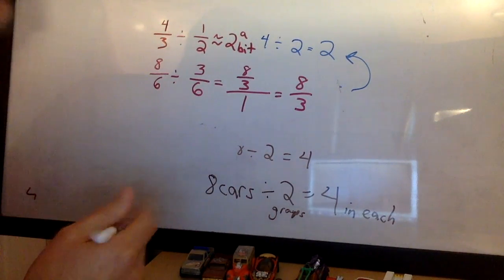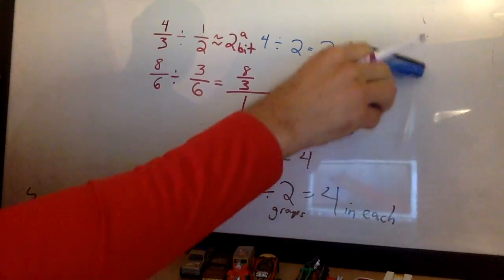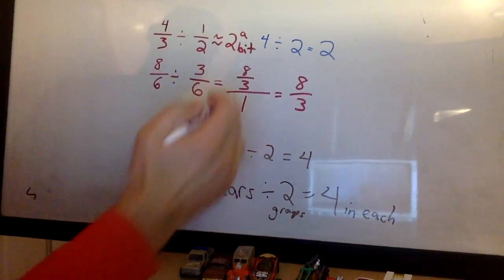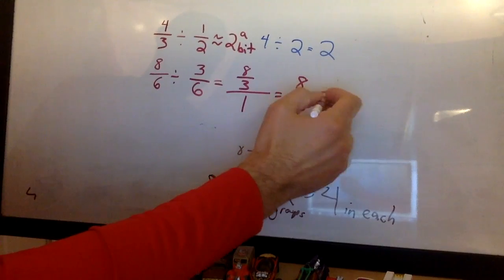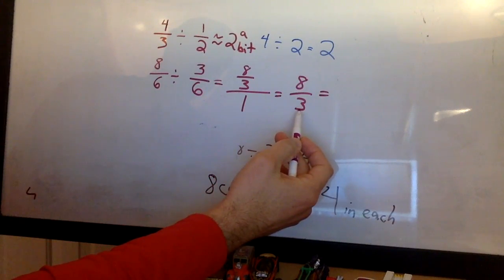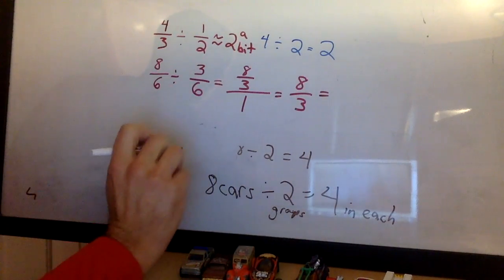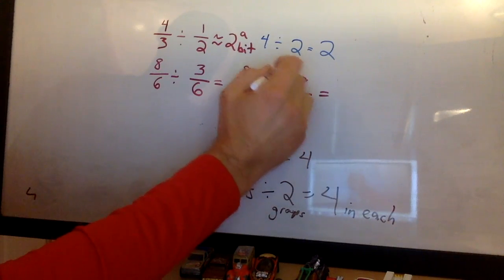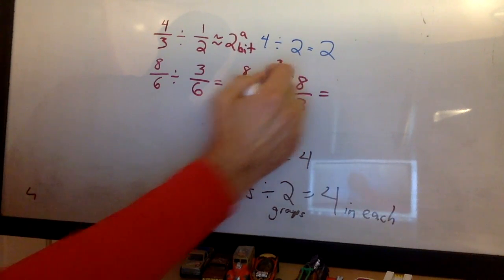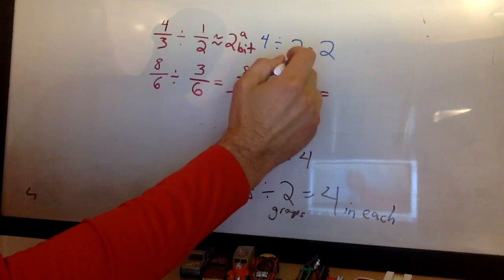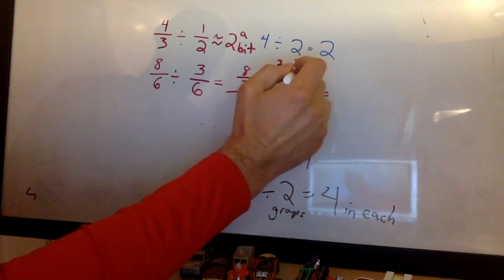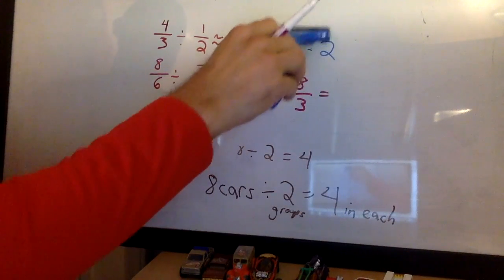Well, what is 8 thirds written as a mixed number? Is it 2 and a bit? That's what we're hoping for, right? Is it 2 and a bit? Well, 3 plus 3 is 6, so I'm going to draw it like I would show a student sometimes. I can get 3 thirds, that's 1 whole. I can get another group of 3 thirds out of it. That's another whole. And how many are left over?